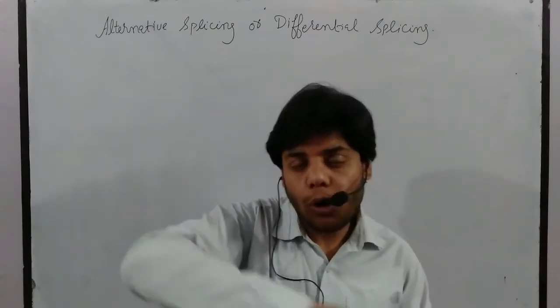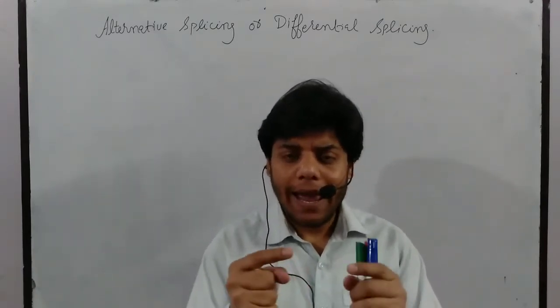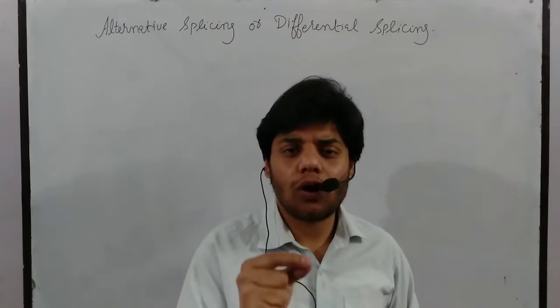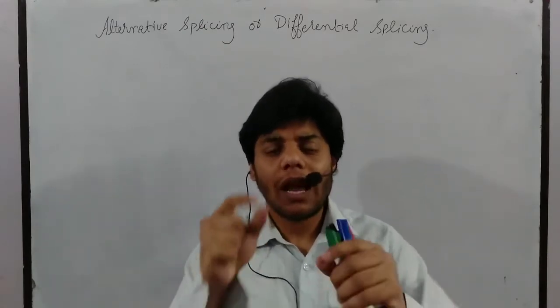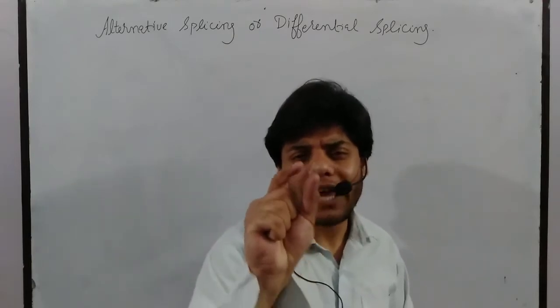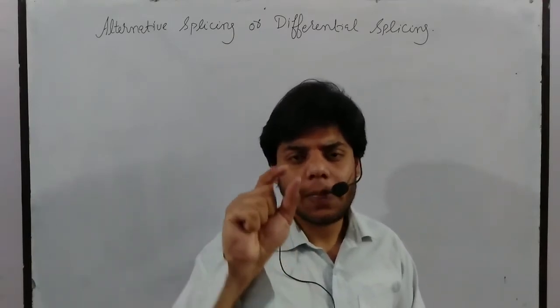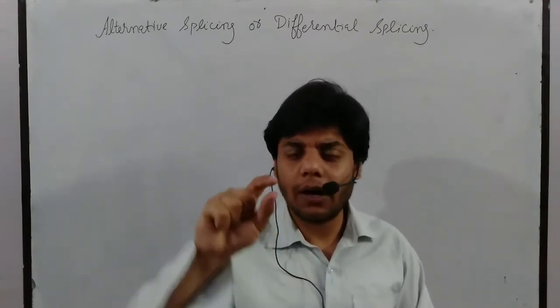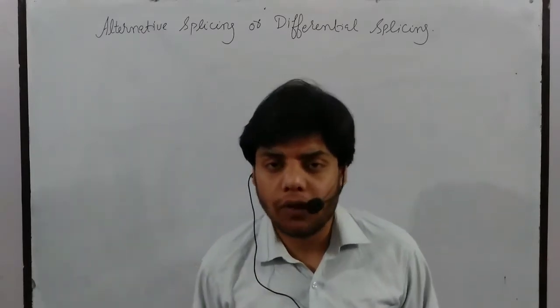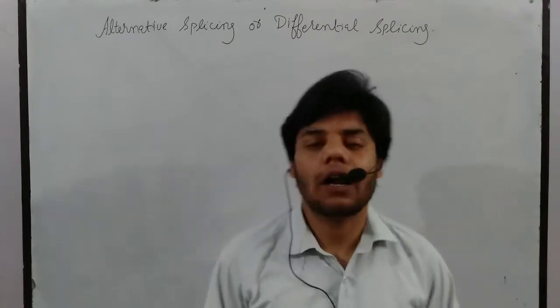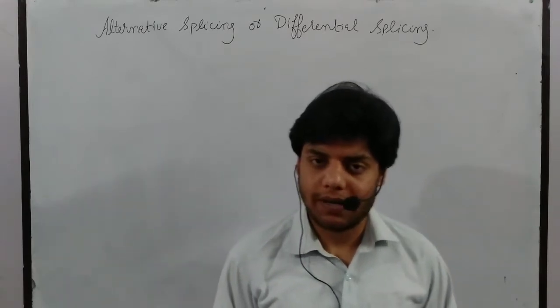The intron portions are released out, and sometimes some of the exon portions are also released out, and we get short exons connected to each other, which is the mature mRNA. But this single gene gives rise to multiple proteins, and this is called alternative splicing or differential splicing.